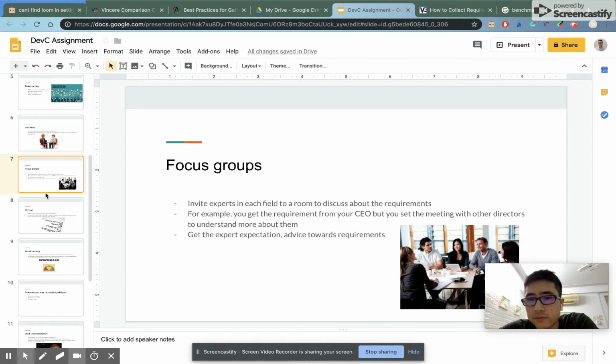Right, the third one is the focus group. To me, it is by far the best method that I have experienced so far in product and project management. This is a method where you gather all the important people in a room, and you try to discuss the requirements.